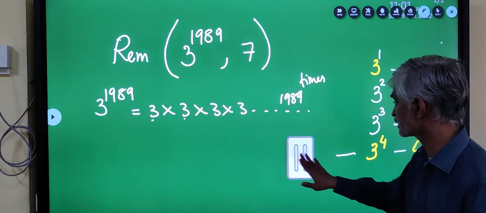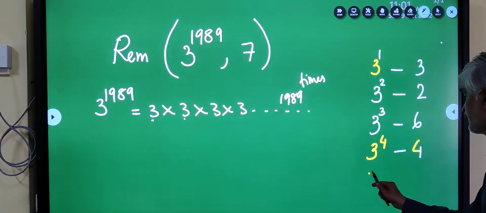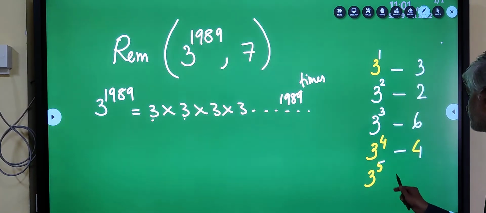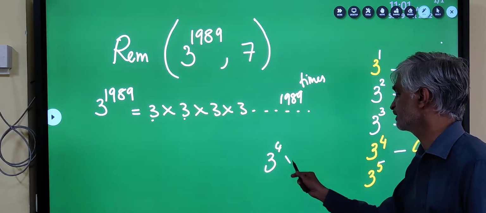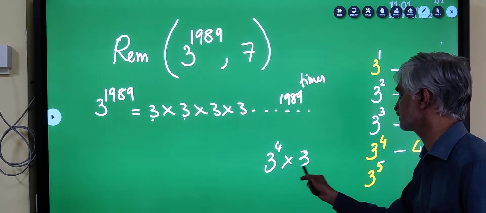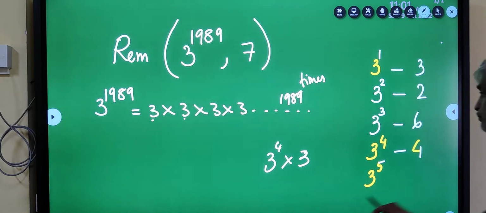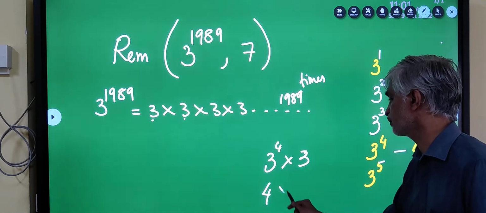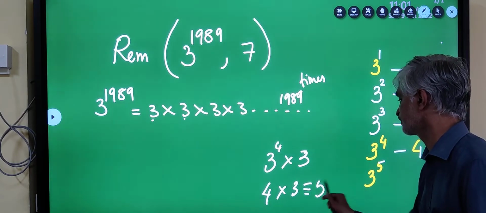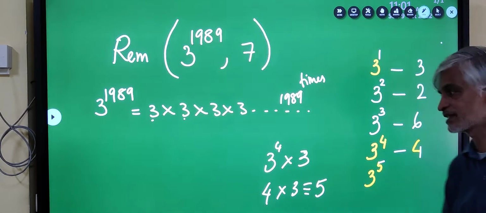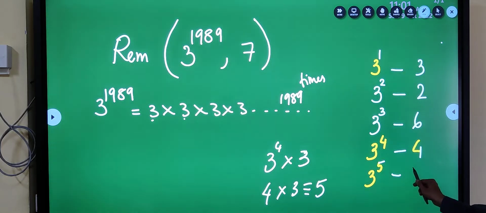So I continue for some more time. Let me try 3 raised to 5, and I use the same trick again. 3 raised to 5 is nothing but 3 raised to 4 multiplied by 3, but 3 raised to 4 leaves 4. So that is 4 into 3, and this is nothing but 5 when you divide by 7. So the remainder of 3 raised to 5 when you divide by 7 is 5.